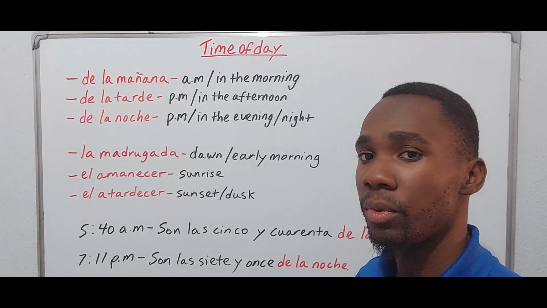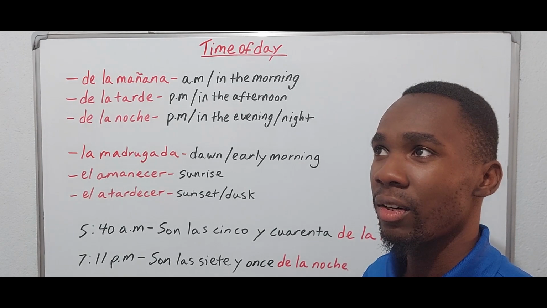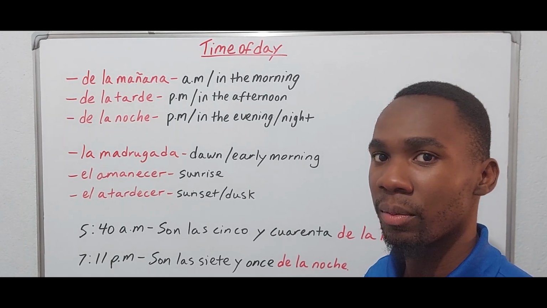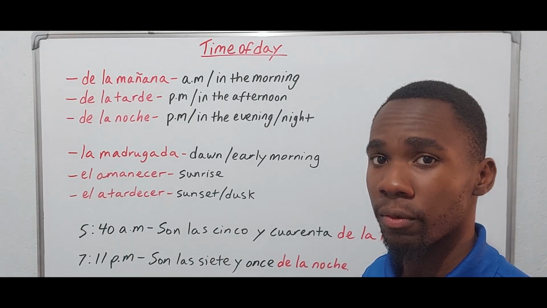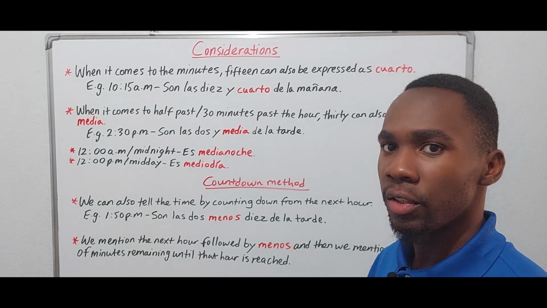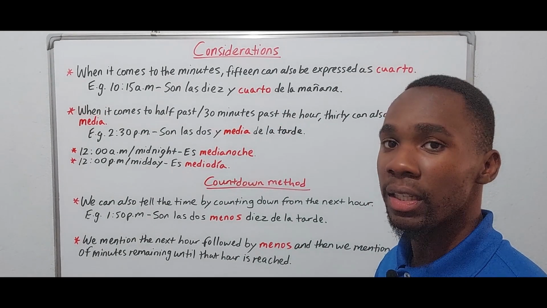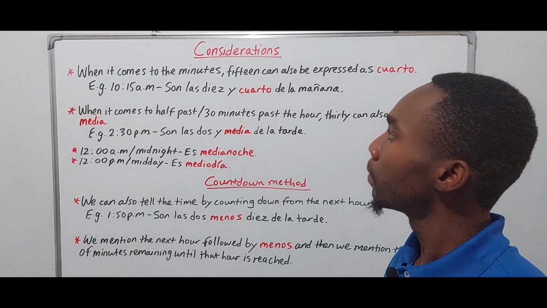And now we are going to proceed to some interesting things when it comes to time, because I'm going to show you other ways that you can express times apart from what we have already gone through. So we continue. And I call this considerations because these are things you should consider when it comes to telling time.